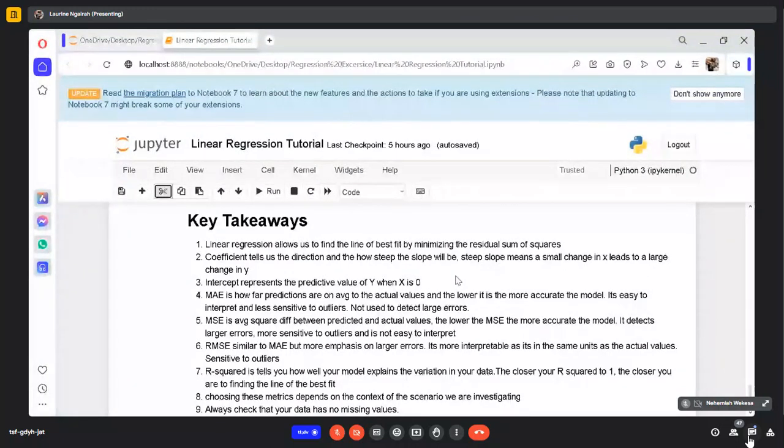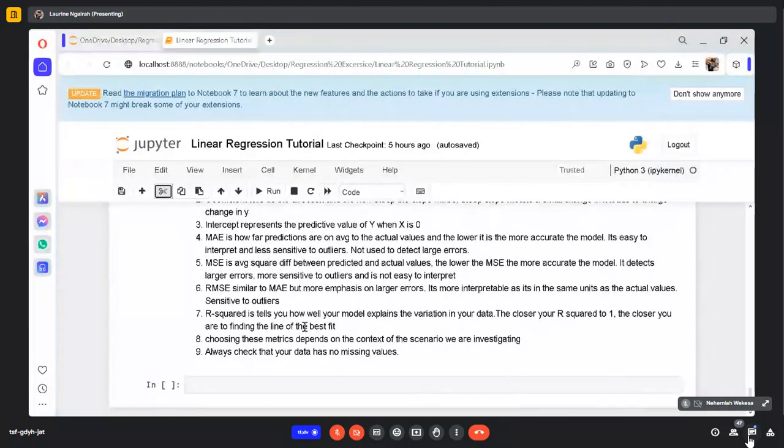Then the intercept represents the predicted value of y when x is 0. That one we discussed. And the fourth one, the mean absolute error, is how far predictions are on average from the actual values. And the lower it is, the more accurate your model is.